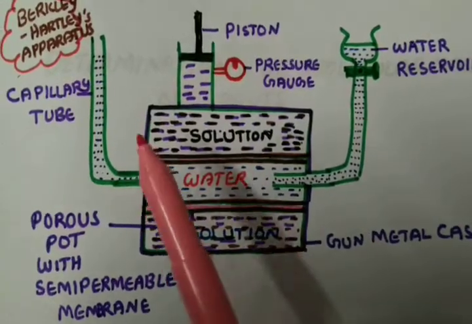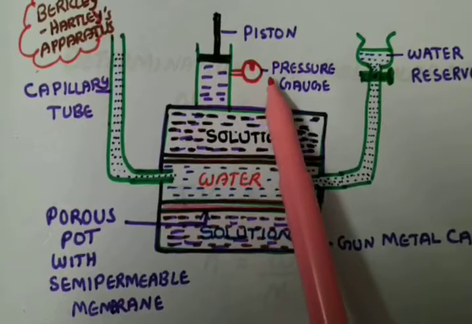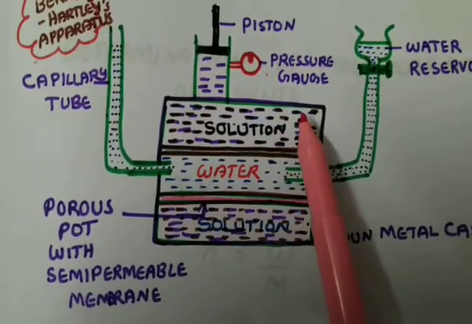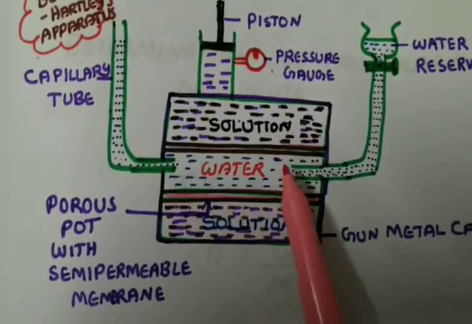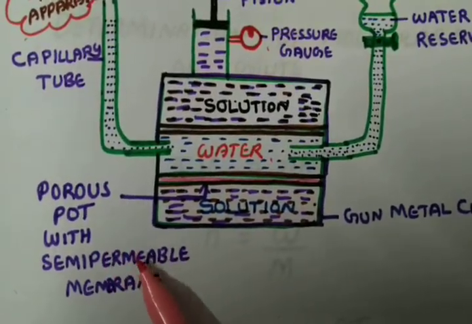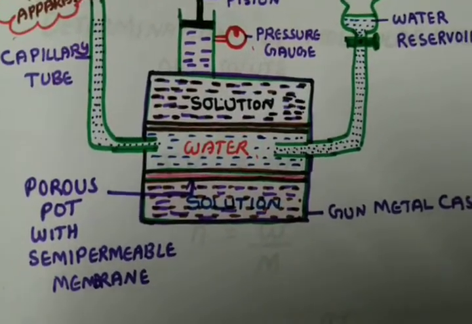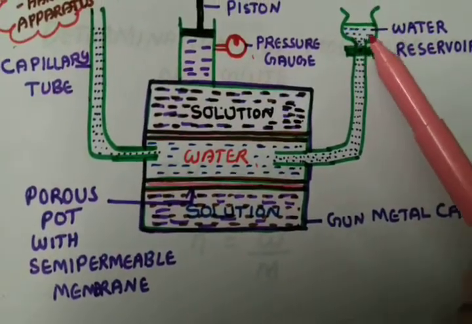The parts of the apparatus are capillary tube, piston, pressure gauge, solution part, solvent part, and porous pot with a semi-permeable membrane, a gunmetal case, water reservoir.